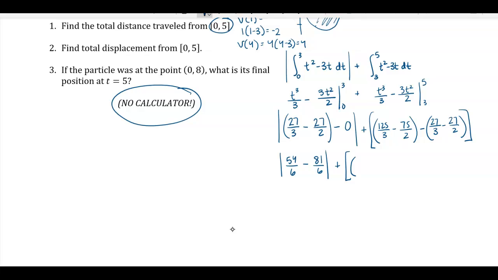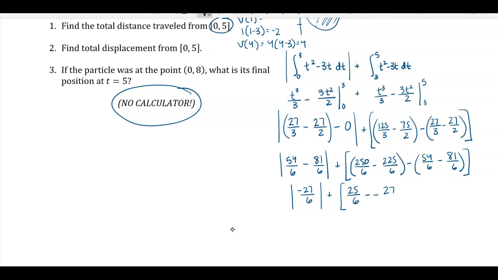And then this is 250 over 6, minus 75 times 3, which is 225 over 6. This is 54 over 6 minus 81 over 6. Yay, fractions, mental math. So this is the absolute value of negative 27 over 6. Plus, in here we have 25 over 6 minus a negative 27 over 6.